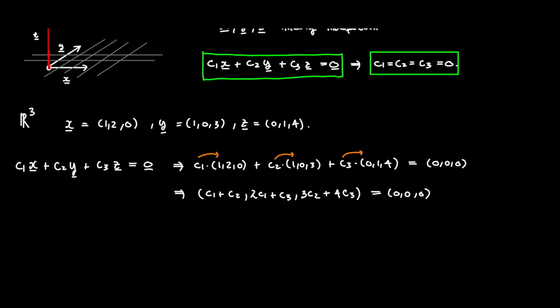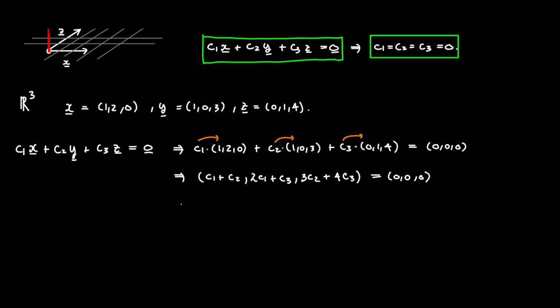And again, this gives us a linear system, just as in the 2-dimensional case. So what is the linear system? It is C1 plus C2 is equal to 0. And then 2C1 plus C3 equals 0. And then 3C2 plus 4C3 equals 0.